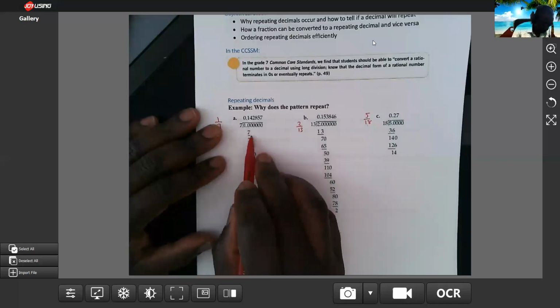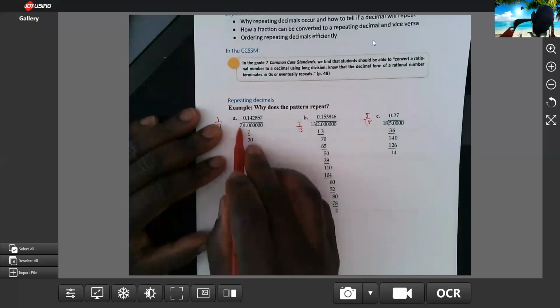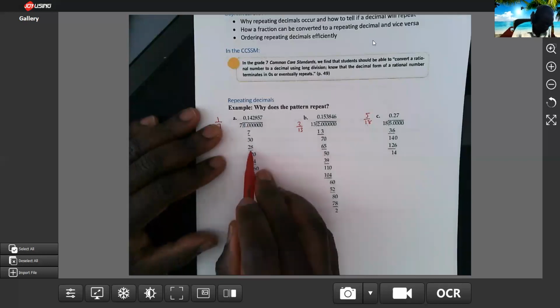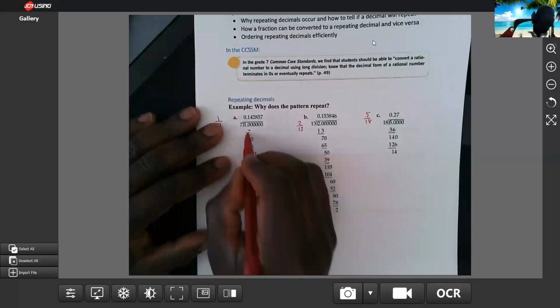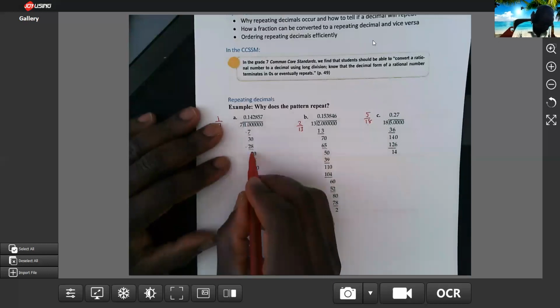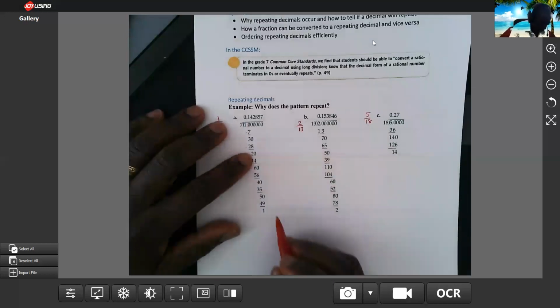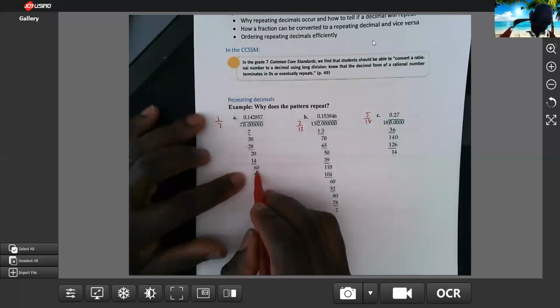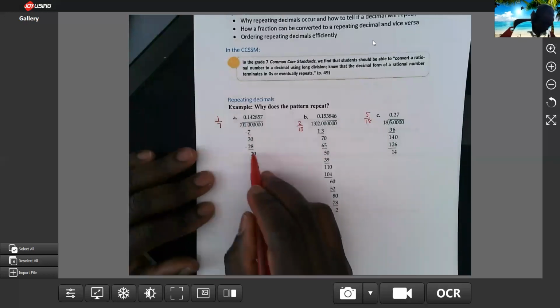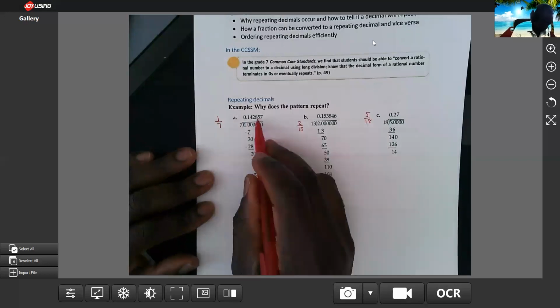Subtract to get 3, add 0, that is 30. 7 into 30 is 4. 4 times 7 is 28. If you subtract, you get 2, add 0 to that, that is 20. 7 into 20 is 2, that's 14. If you then subtract, you get 6, add 0, you get 60.